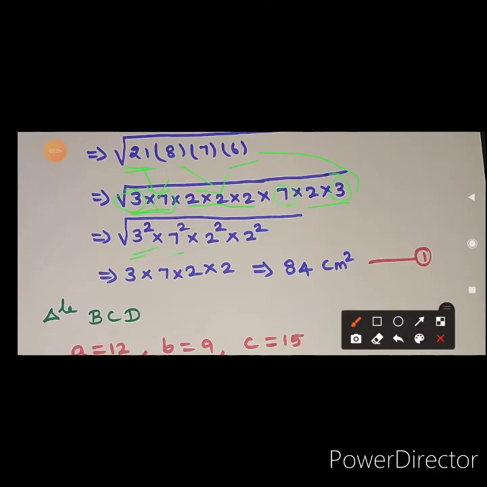So 7 square. Then 2 square, and 2 square. Now we are removing the square root. So 3 into 2, 6, 6 into 2, 12. 12 into 7 is equal to 84 centimeters square. That is area of the triangle ABD.